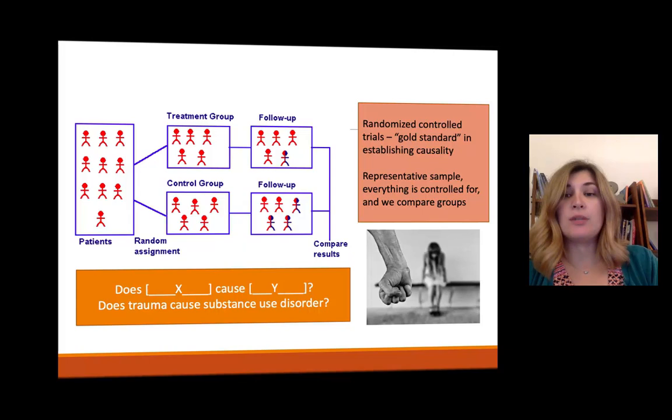This is the gold standard in establishing causality. So typically what we're trying to find is a representative sample of everything that is in the control group that we compare. So maybe instead of giving addiction to one group or not, maybe we're going to try to find individuals that are similar to those who have addiction in that group and those who do not have addiction in another group, and compare those groups as needed to find significant results.